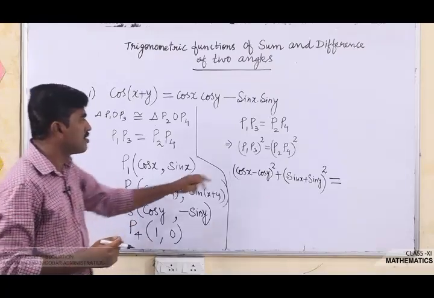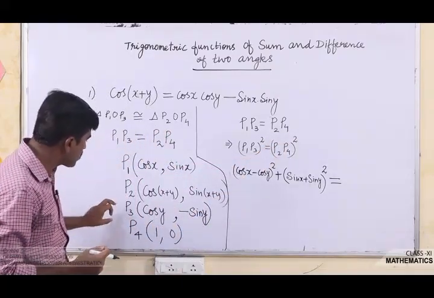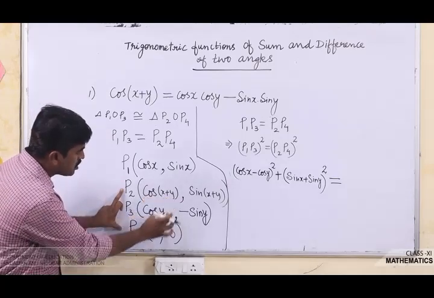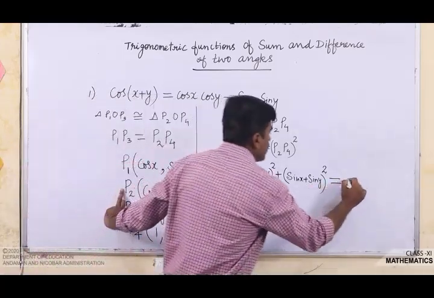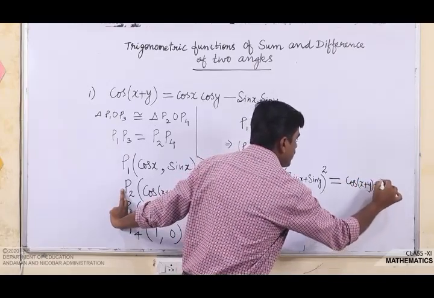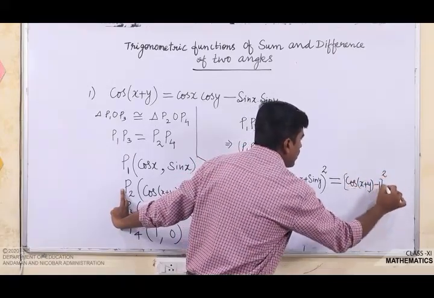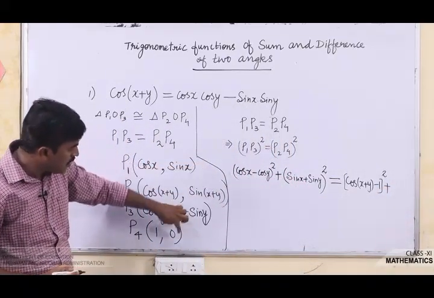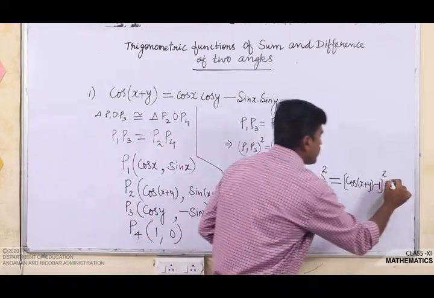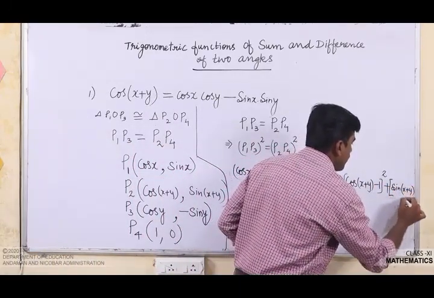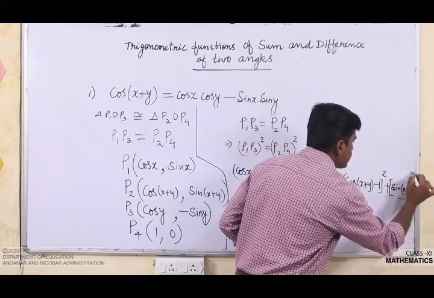Using the distance formula, but since square is there, square root will not be there. So P2P4 is cos of x plus y minus 1 whole square, then plus sin of x plus y minus 0 whole square.